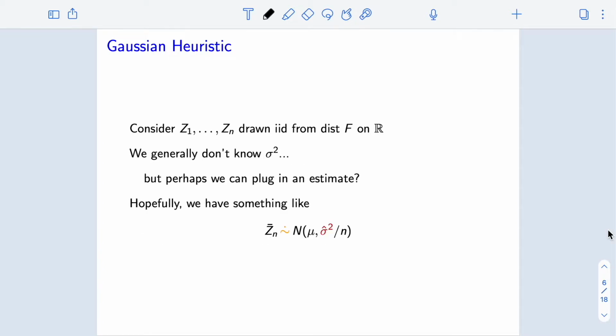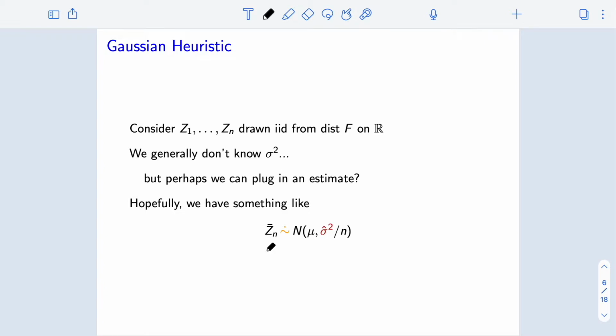The next thing to note is that generally we don't know sigma squared, the population variance. So instead, perhaps, again, I'm going to do something very informal that we have to be very careful in thinking about, but perhaps we can think about a statement like this.